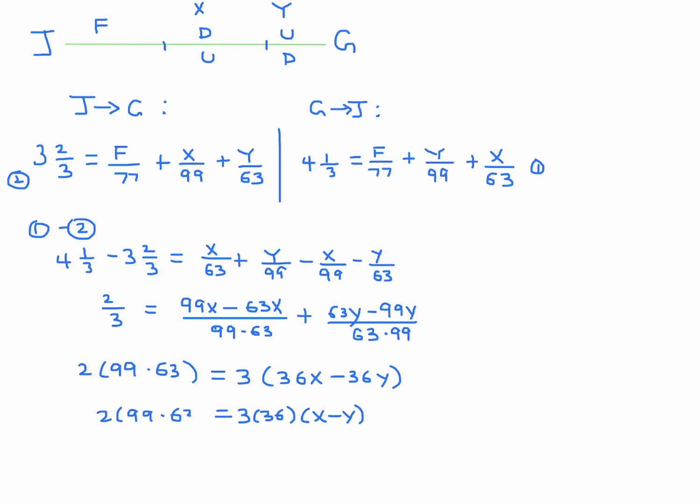And then now I can easily isolate for x minus y. And when I do all that math, 2 times 99 times 63 divided by 3 times 36, x minus y is going to be 115.5. All right. So that's a pretty good result so far.